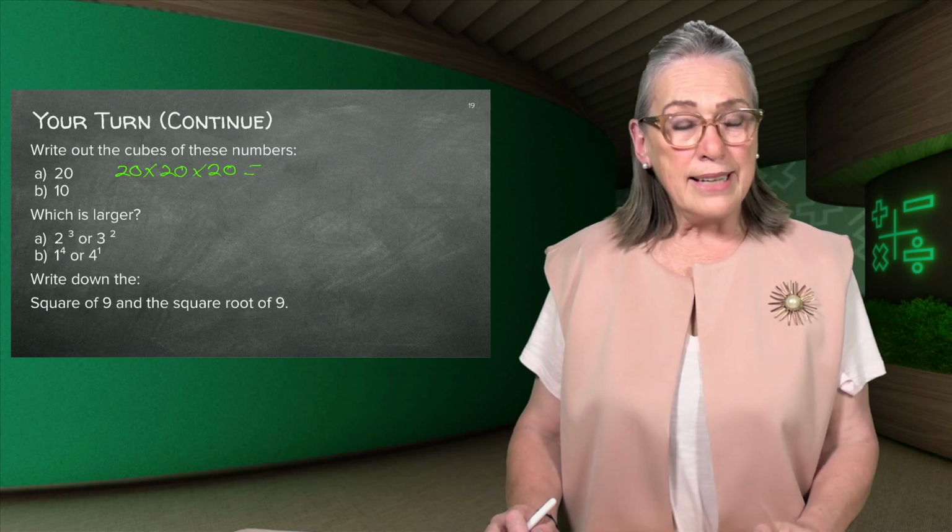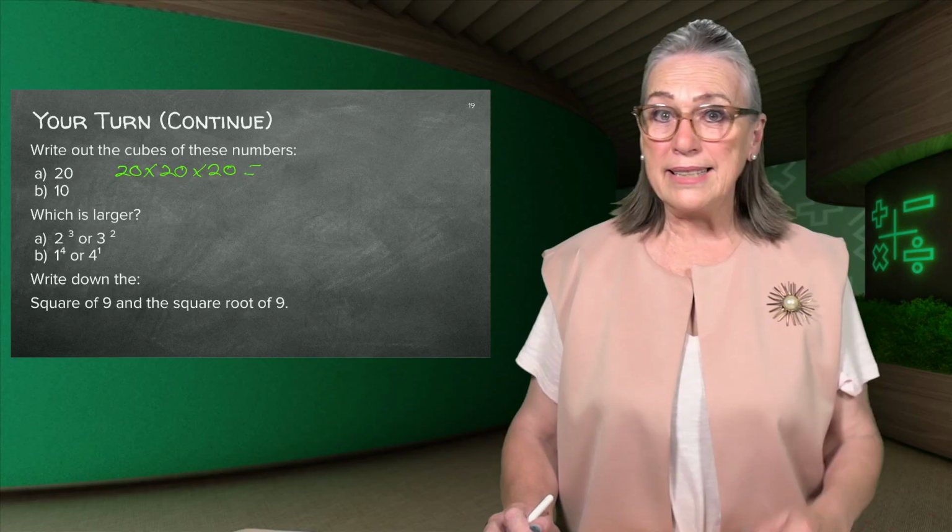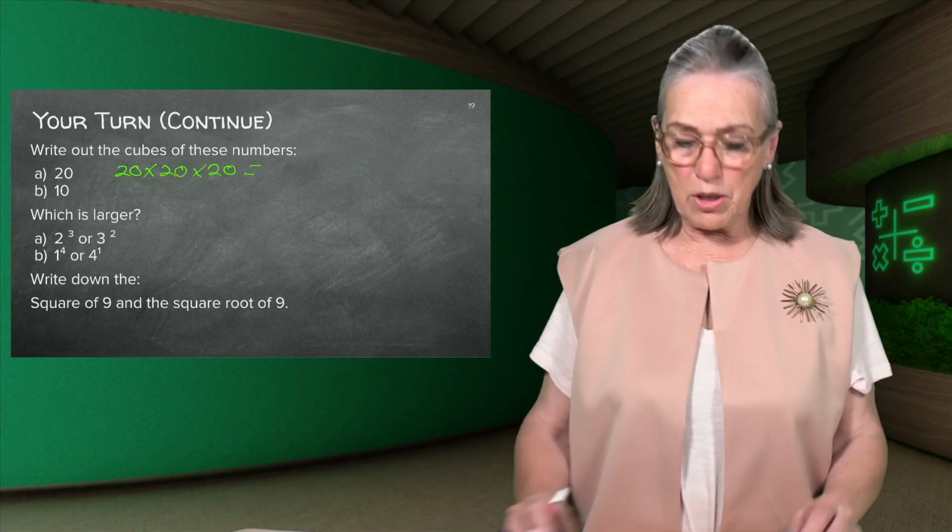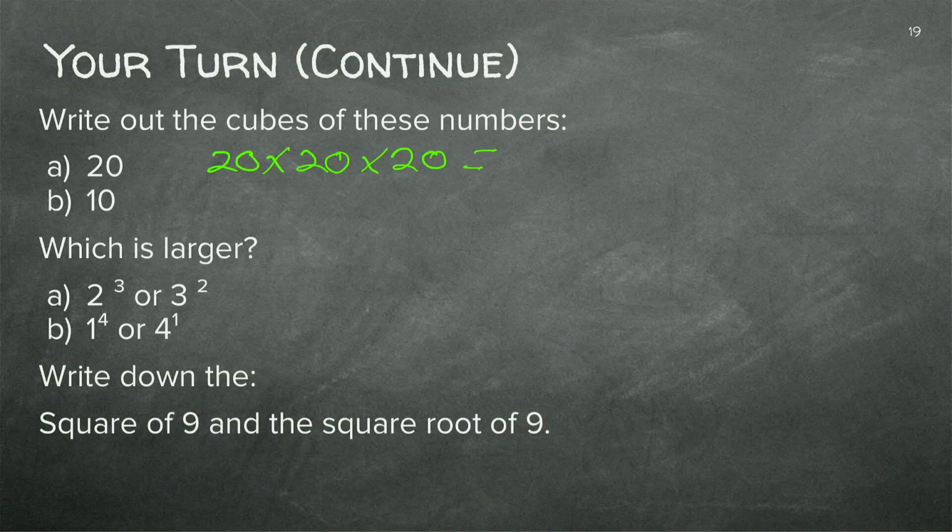Remember, it's easy to multiply by 10s or 20s because we just multiply the front section and then we add the zeros. So this is 8,000. And the same with 10. 10 times 10 times 10, and that gives us 1,000.